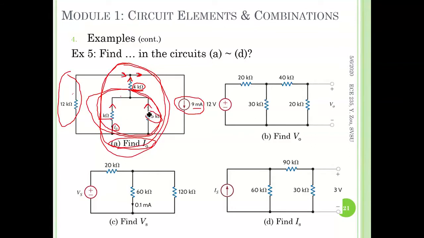So by applying the second current divider, you can find I naught. This is pretty much I naught. However, it has the opposite current direction compared to the given label, which is downward. So what we need to do is say this current is actually not I naught, but negative I naught. Right? So by two current dividers and a little combination, you can do the job.